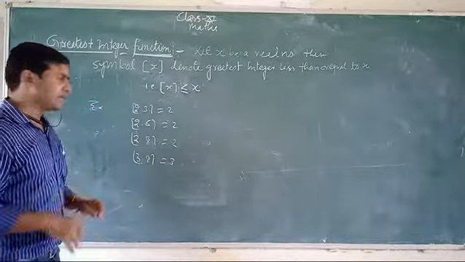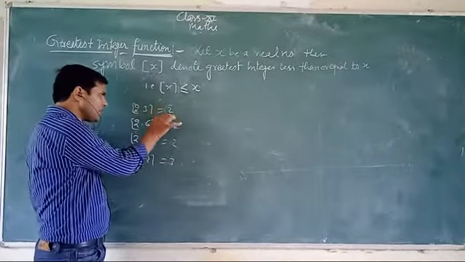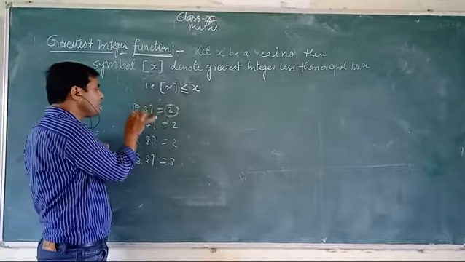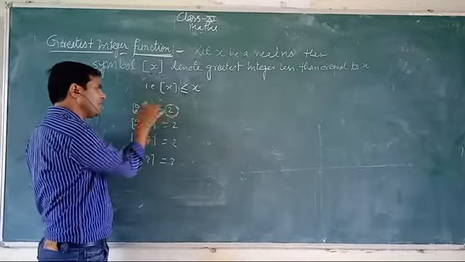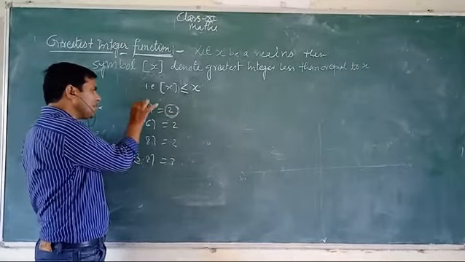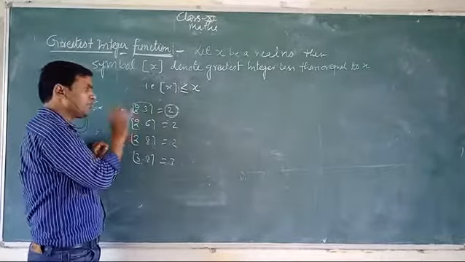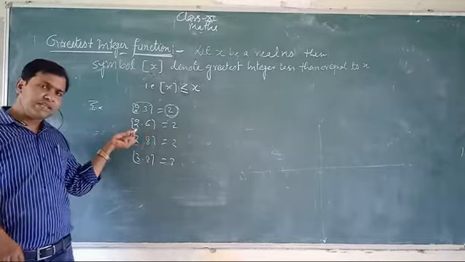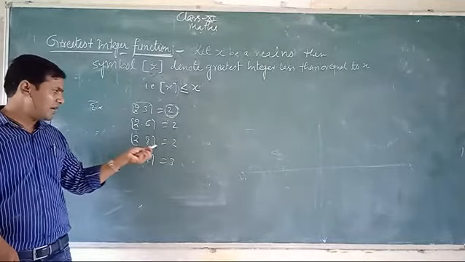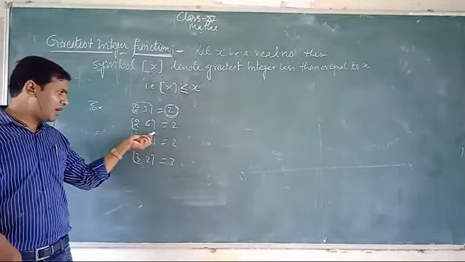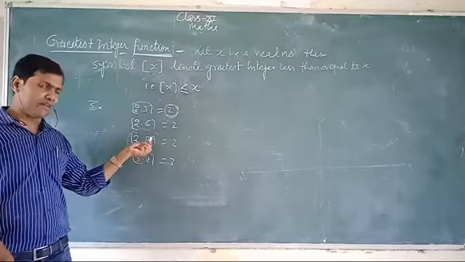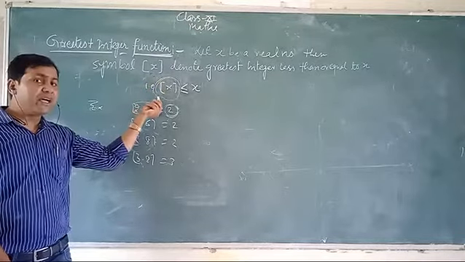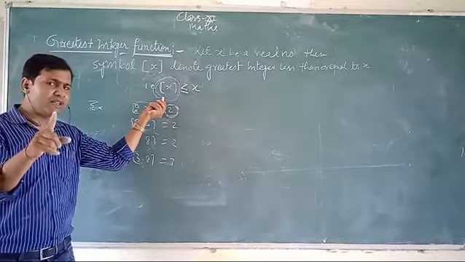You are looking here, 2 is the integral value less than or equal to 2.3, and 2 is the integral value less than 2.6, and 2 is the integral value less than 2.8. The value will be an integral value, not a fraction.